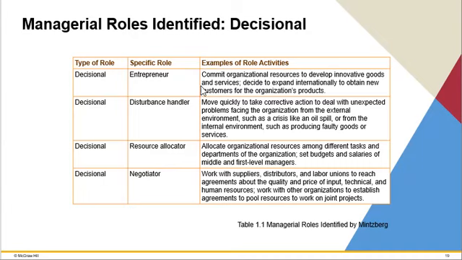Okay, kita tengok di bawah entrepreneur what kind of role activities yang diorang kena buat. Okay, so managers have to commit the organizational resources to develop innovative goods and services and decide to expand internationally to obtain new customer for organization product. Ni antara contohnya lah. So they have to make decision with regards the business punya decision lah.